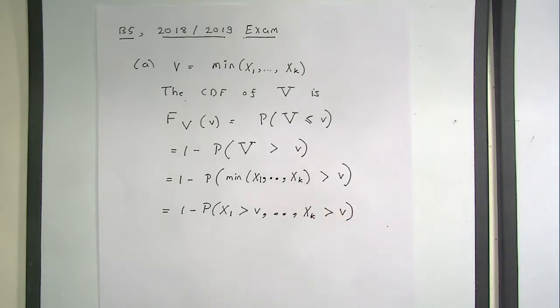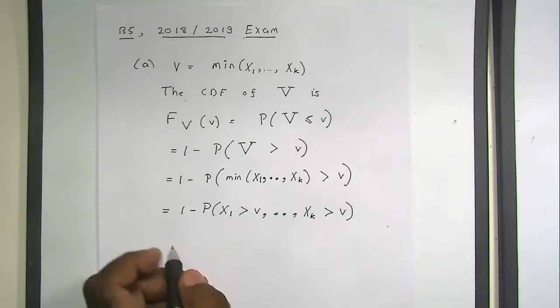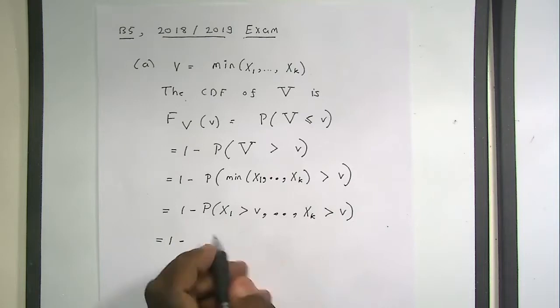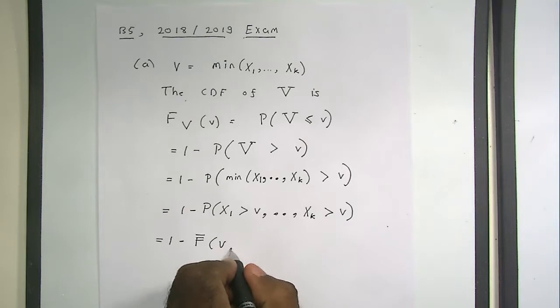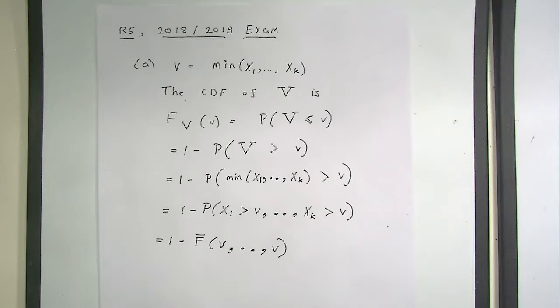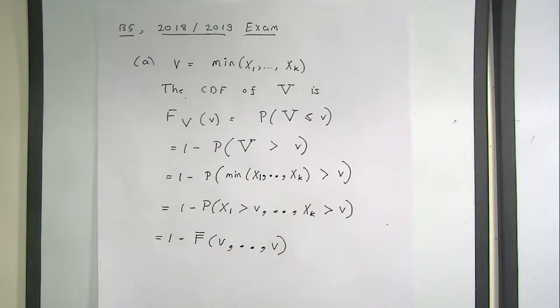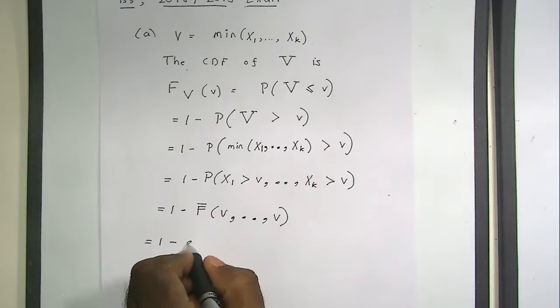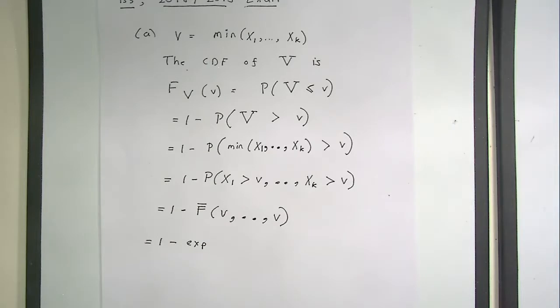Are you with me, guys? And this, by the definition of the joint survival function, what you have here is F bar. Remember, the joint survival function F bar is defined like this. So this will be exponential using this formula here.